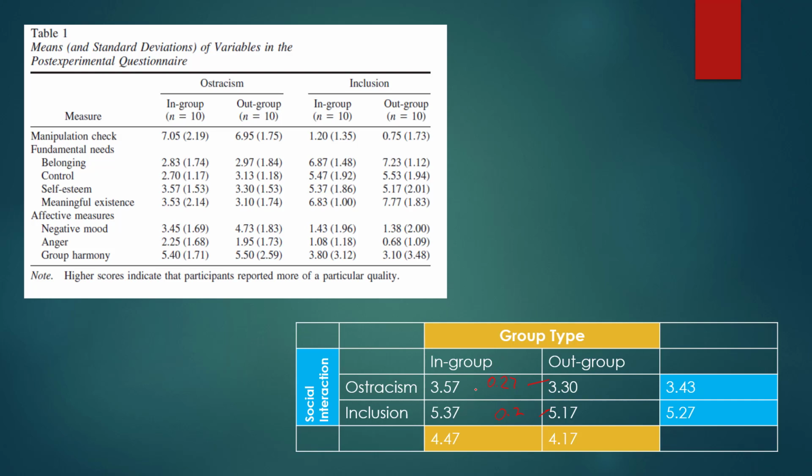If we look at the differences here, we see a 1.8 point difference and a 1.87 point difference. So again, the difference between the ostracized group and the included group doesn't differ much based on whether they were in an in-group or out-group. So most likely there would not be a significant interaction there.